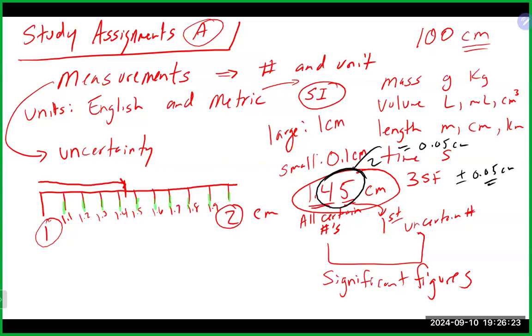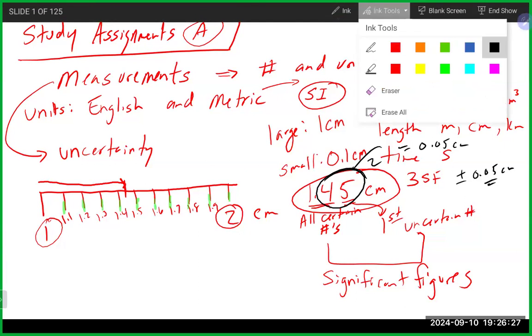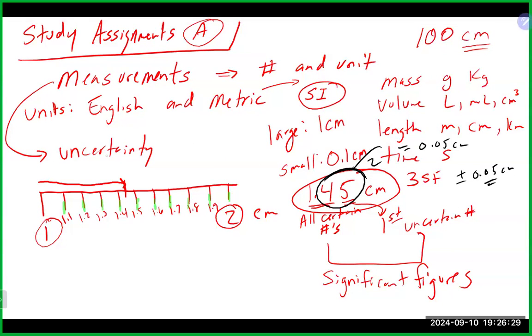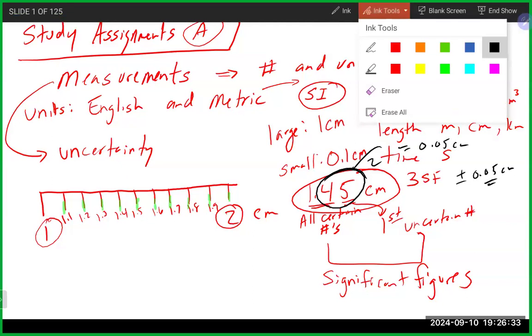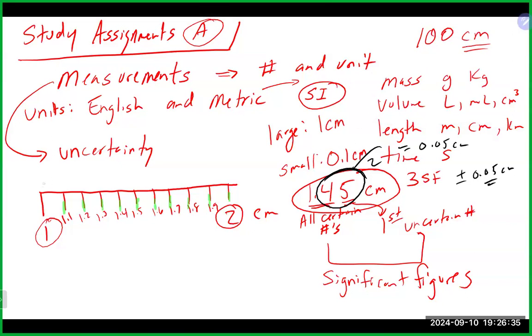Any questions on that? Now, stealing this ruler here and changing my arrow. What happens if I have an arrow that goes dead on the 1.4 marking here on this ruler? I record 1.4 centimeters.